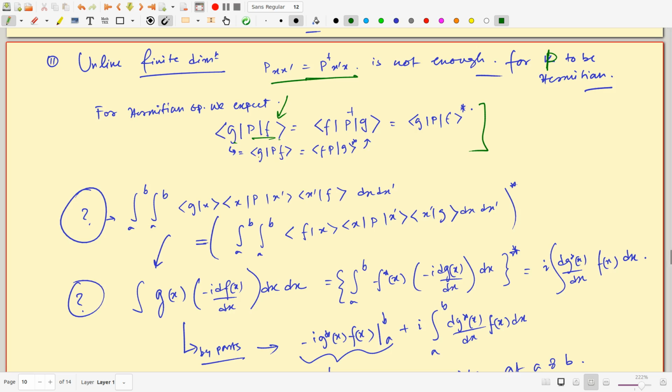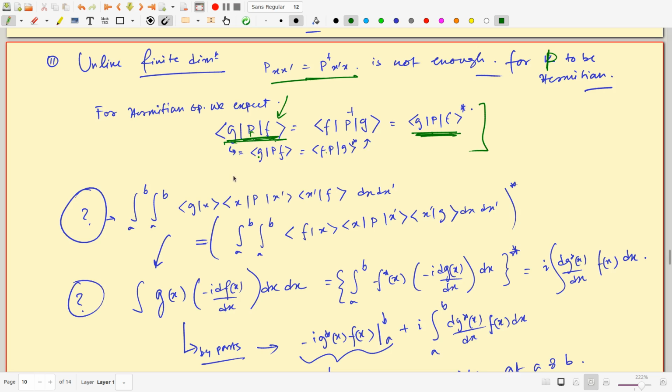From here I can just write <g|P|f>, and then I can take the star of this, so it becomes <f|P|g>, that is basically <f|P dagger|g>, and that can be thought of as <g|P|f>. So I want this to be equal to this. That is what we want at the end, I want this to be a meaningful measurable quantity, which means I want this to be real, but this hermiticity doesn't guarantee that.